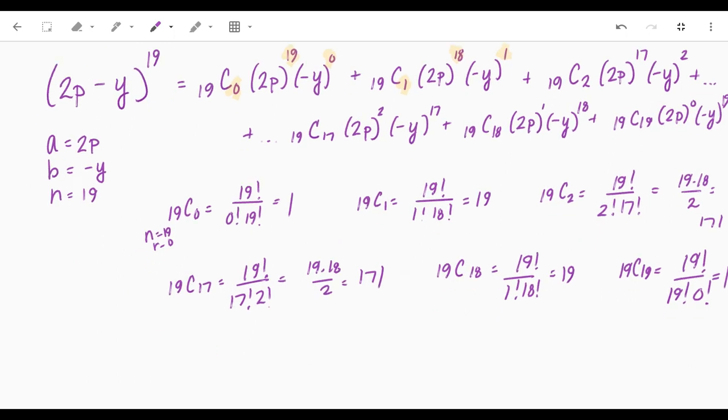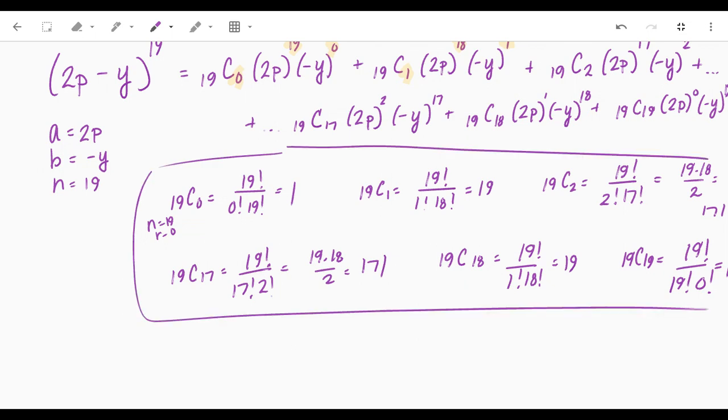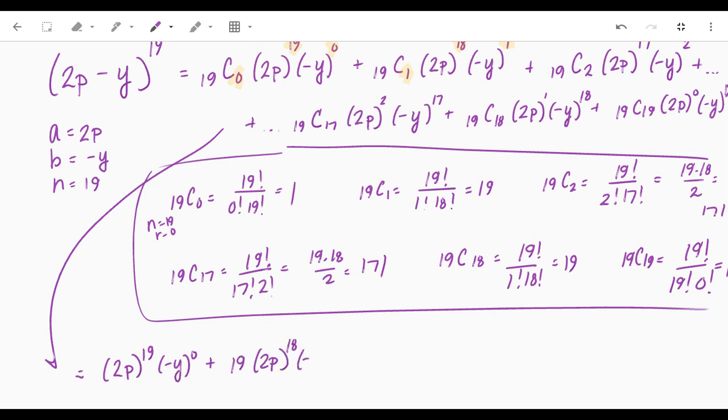So if we wanted to simplify what we had up there a little bit more, we could have 1 times (2p)^19 times (negative y)^0, plus 19 times (2p)^18 times (negative y)^1, plus 171 (2p)^17 (negative y)^2, dot dot dot.